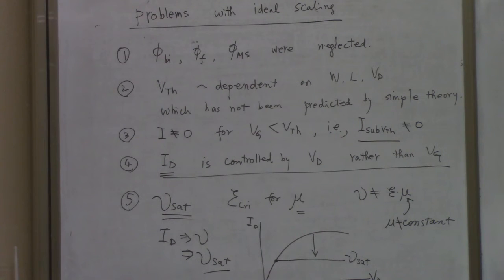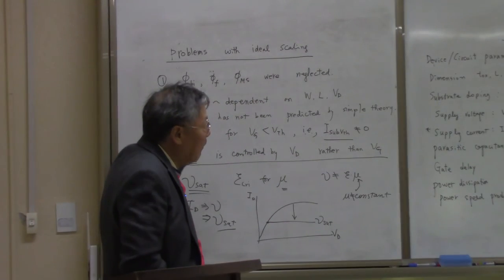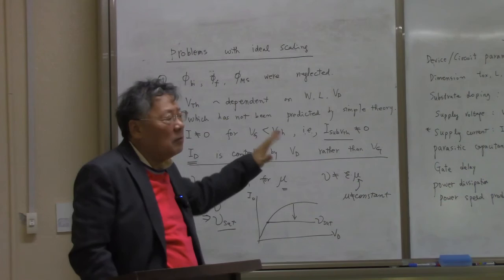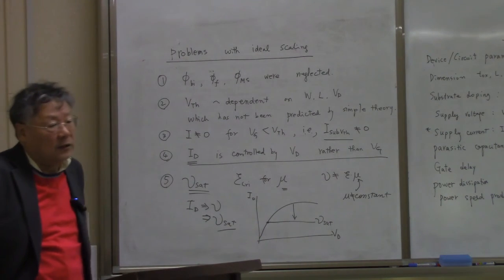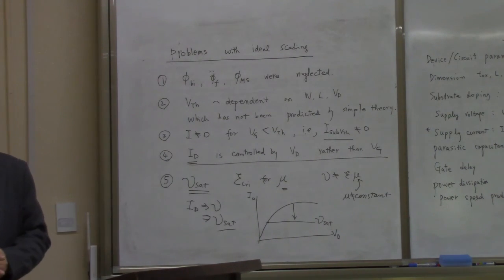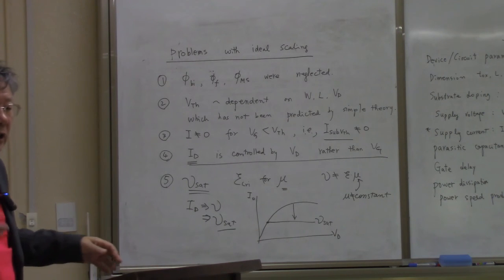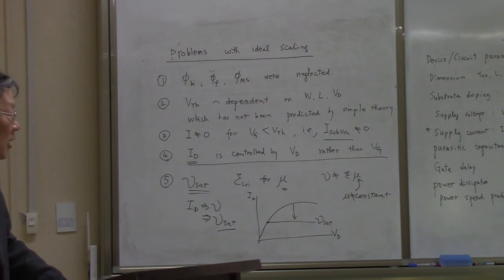So some of them have been cleared and some of them are still under study, but I think these days the scale down of the MOS device is mainly limited by the physical processes, like lithography and deposition and etching techniques and things like that.